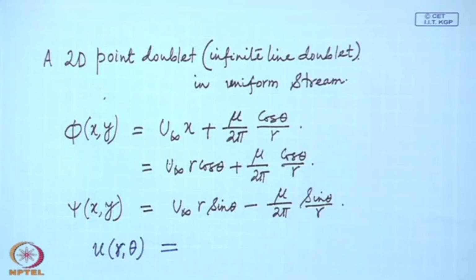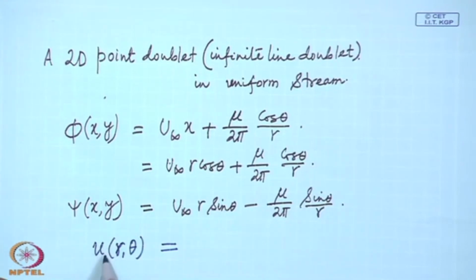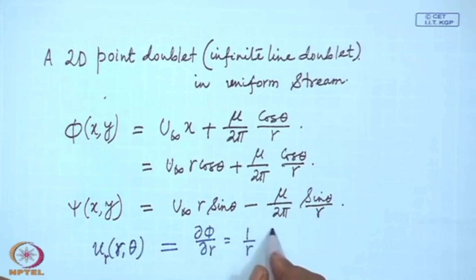The radial component of velocity is d phi dr or 1 by r d psi d theta. This u is now the radial component, not the x component. I think perhaps better to write the subscript r, u r, equal to d phi dr equal to 1 by r d psi d theta.